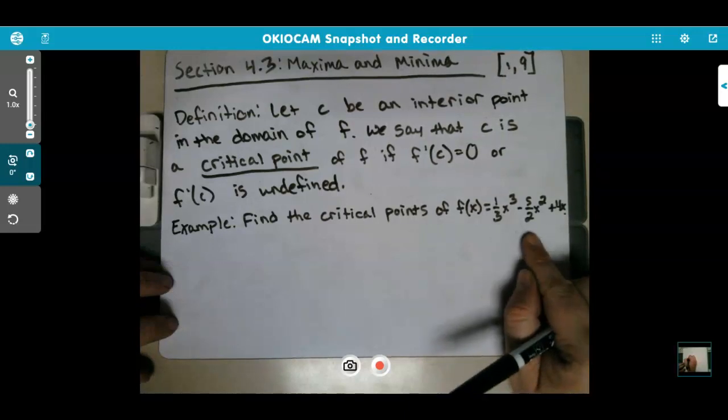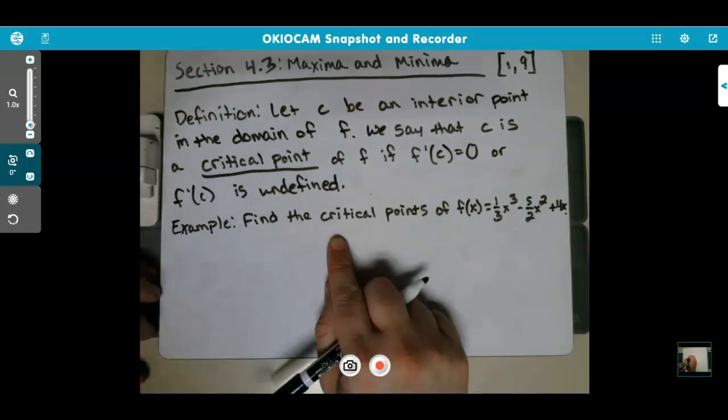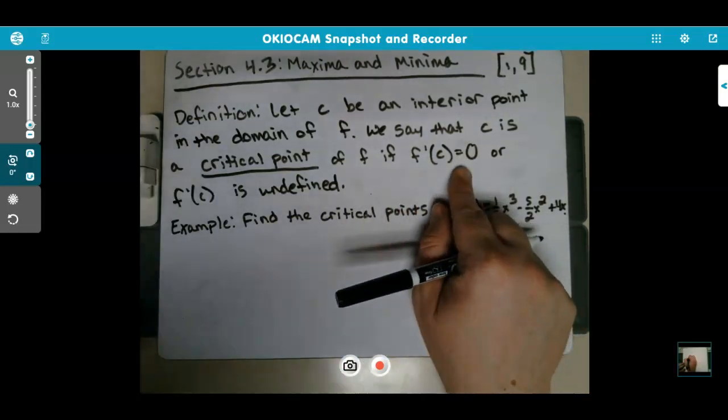So to find these points, it's where the derivative is equal to 0 or where it is undefined.